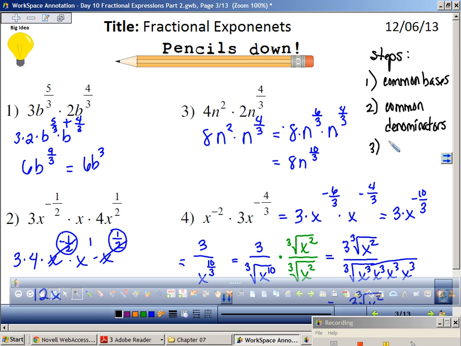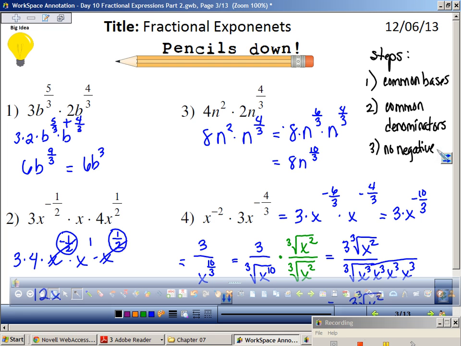I think the next thing you need to consider, I guess there are not as many steps as considerations. Common bases is your first consideration. Common denominators is your second. The fact that you don't want negative exponents.